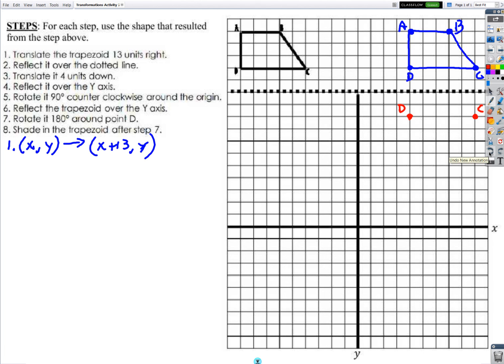Or I guess if you wanted to, you could say, if A was 3 units above D, A is going to be 3 units below D. Just be careful. Make sure you put it below. And then just make sure that B is 3 units to the right. So far we got step 1 taken care of.